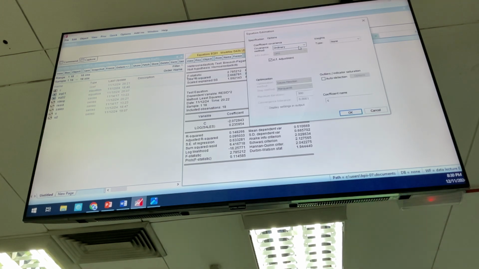Instead of ordinary, you select, I think this one, Huber-White. It will produce an estimate of standard error that is less affected or unaffected by the presence of the heteroscedasticity problem. Okay, that is okay.